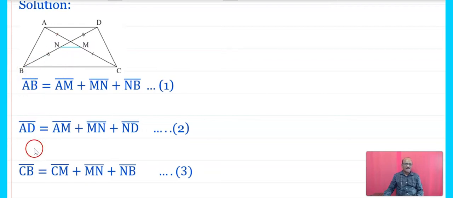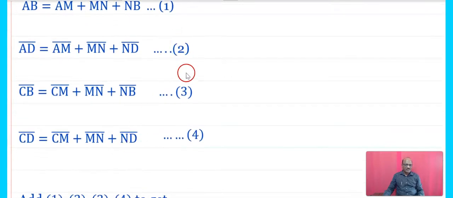Next is AD bar. AD bar is equal to AM bar plus MN bar plus ND bar. The last is CB bar, and that is equal to CM bar plus MN bar plus NB bar.